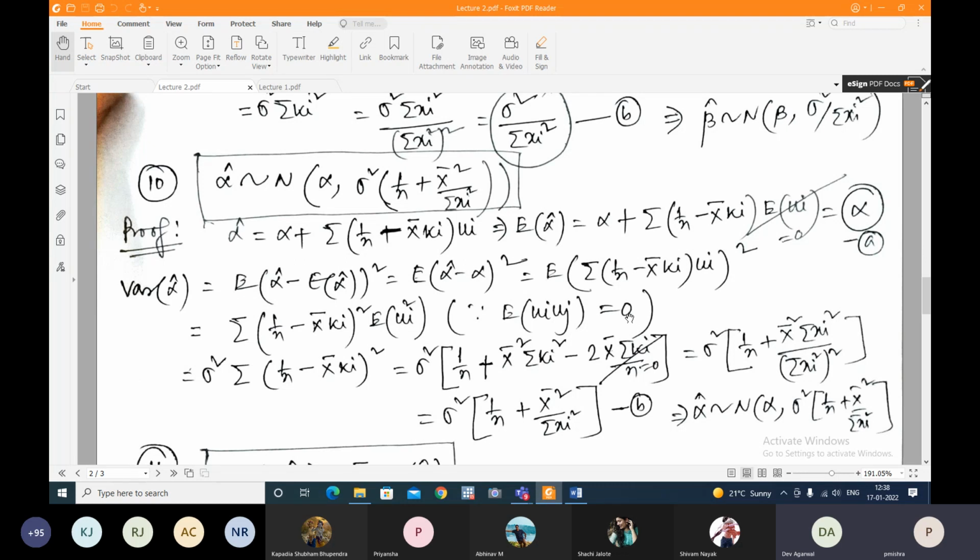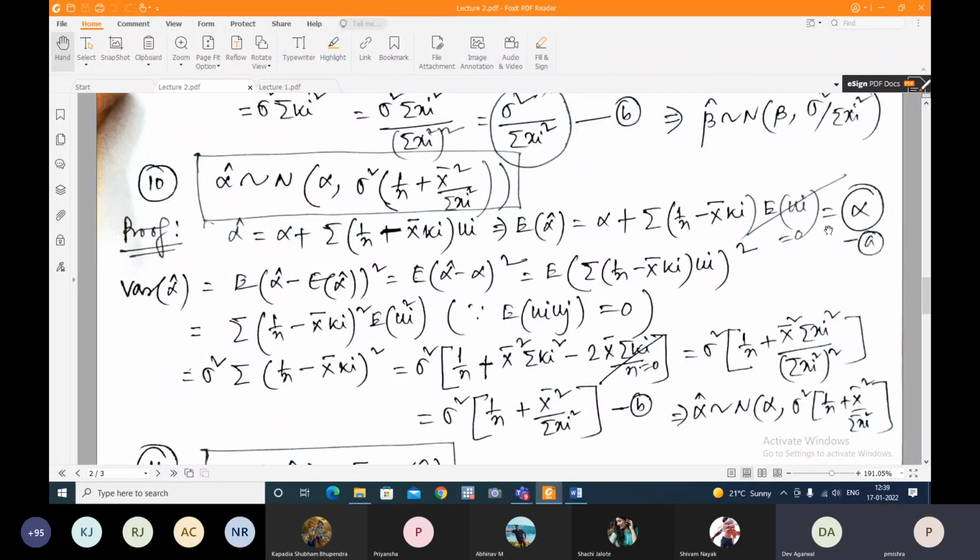Writing this assumption would be enough. And if you want to understand, you can just go ahead for deriving it in detail. Just take one example, that summation of 1 by n minus x bar into ki into ui whole square.